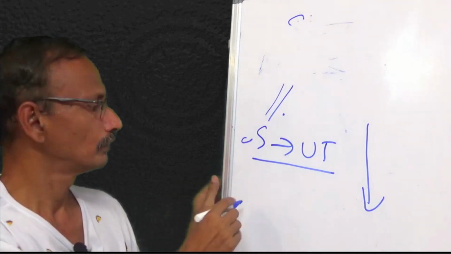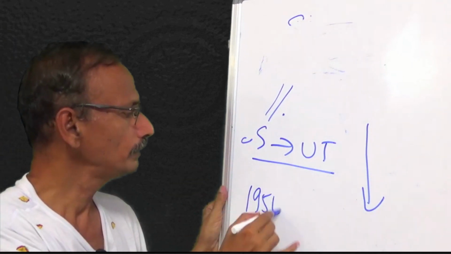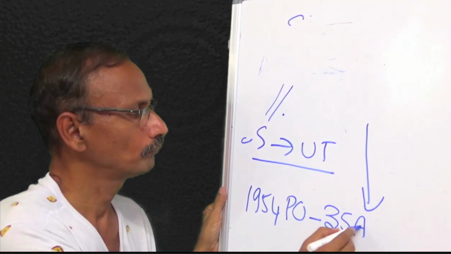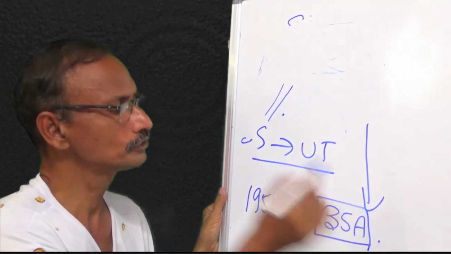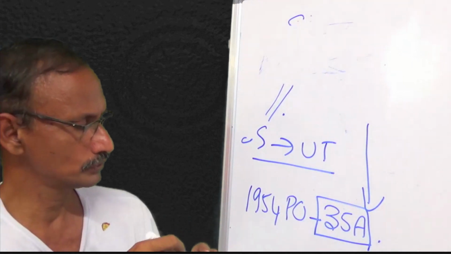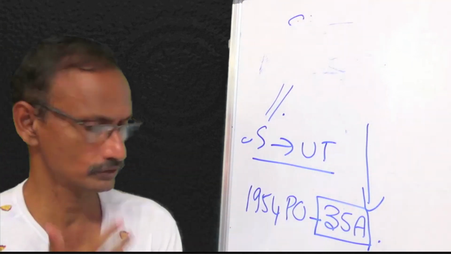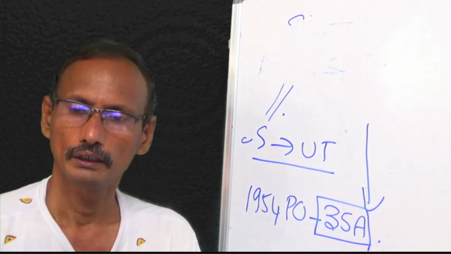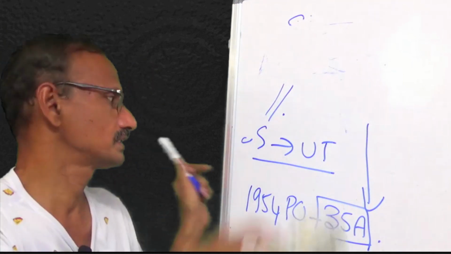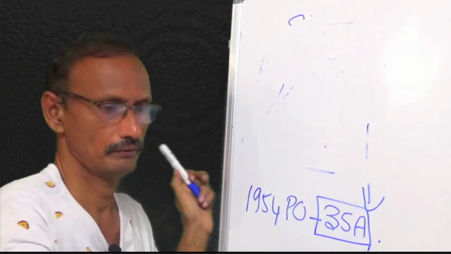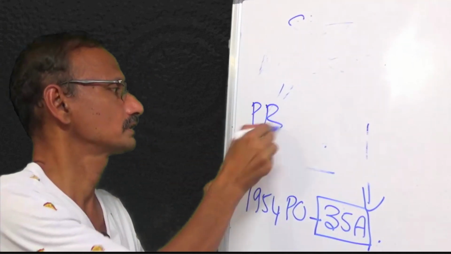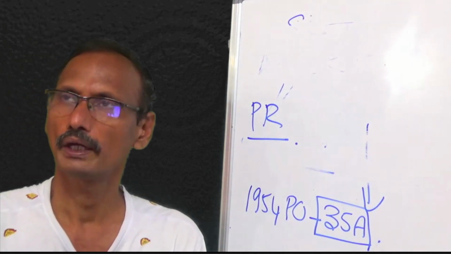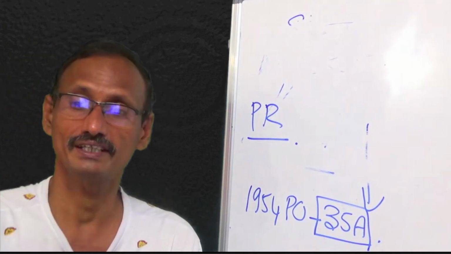previously, through the 1954 Presidential Order, they made a constitutional provision, Article 35A, which said that there are permanent residents of Jammu and Kashmir, permanent residents who have certain special rights.